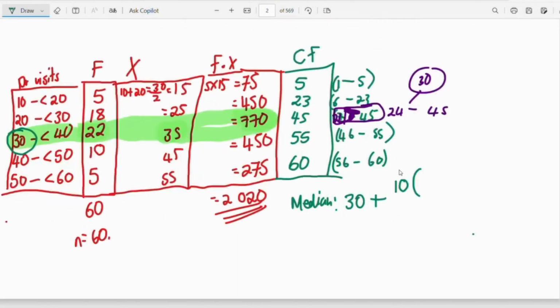And then it's n divided by 2, which is 60 divided by 2, or you can just write 30. Minus now, remember that we said we are choosing this interval, right? So I just want to highlight this part here. All these numbers here belong to the same interval, which means the number in this cumulative frequency table before this interval that we have chosen is 23.